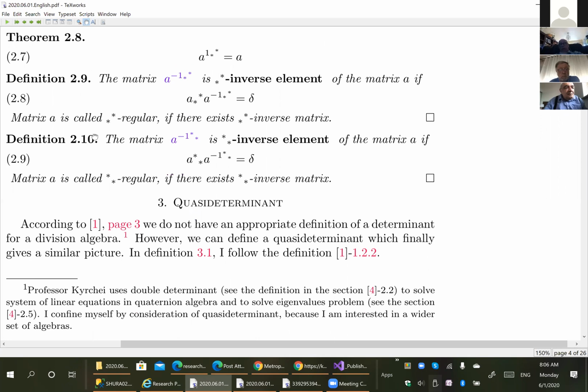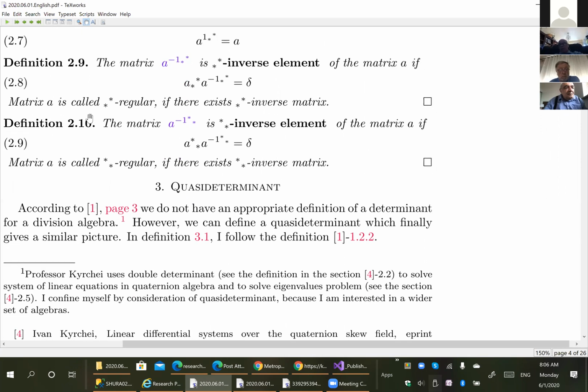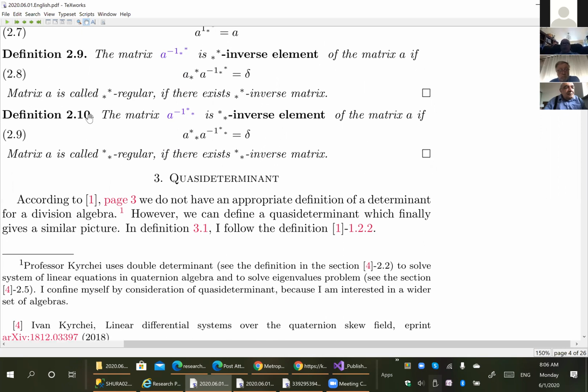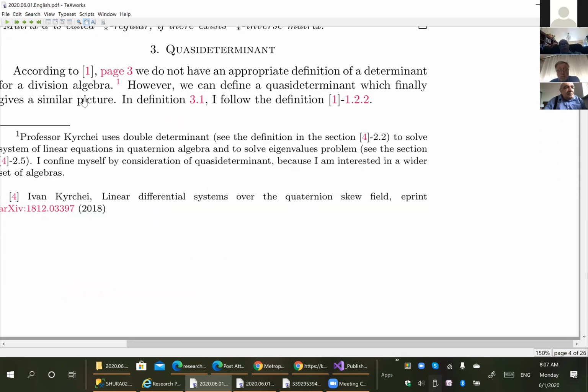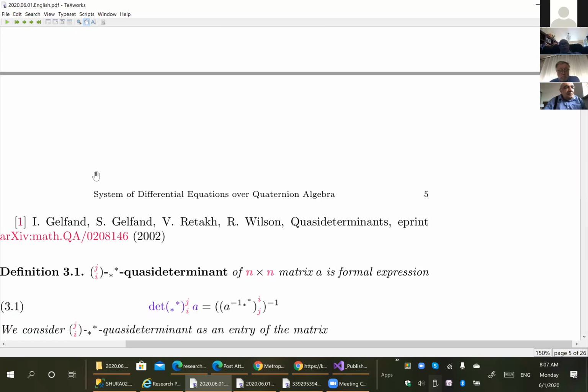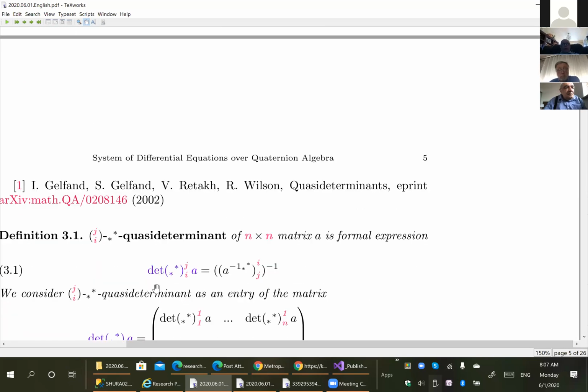In non-commutative algebra, we cannot introduce a definition of the determinant because it's not clear in which order we should multiply entries of the matrix. At the end of the last century, Professor Gelfand and Professor Retakh introduced the definition of quasi-determinant, which they calculate by equality 3.1, a formal equality.